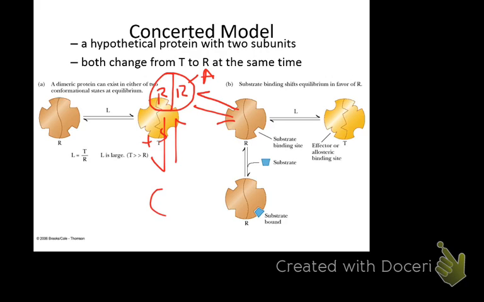Plus that. So now we have R, A, S. So that's what an activator does. Okay? It pulls the equilibrium over again and makes it even more likely to bind substrate. And it'll take even more from the T side to make it up due to Le Chatelier's principle. Okay, so at this point, I'm going to end right here with the concerted method.